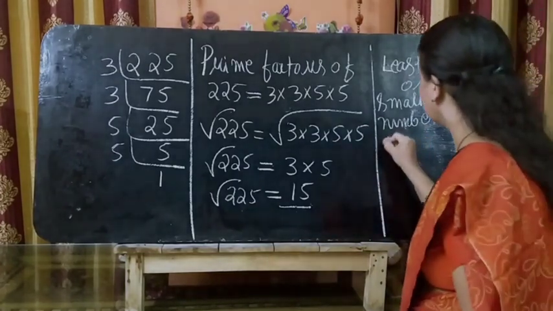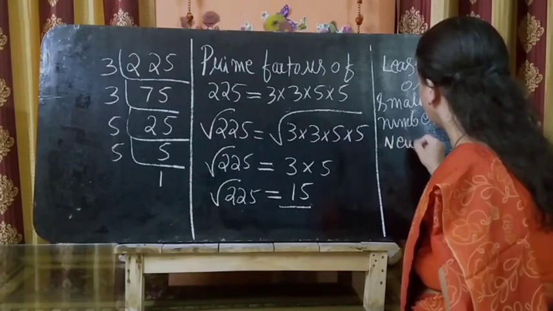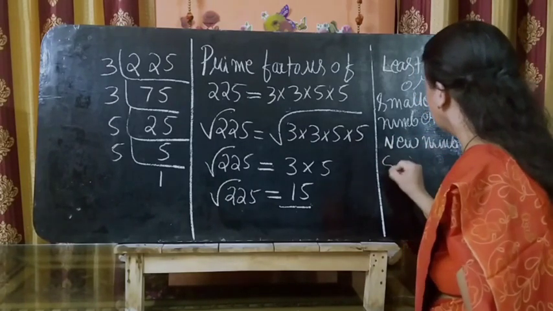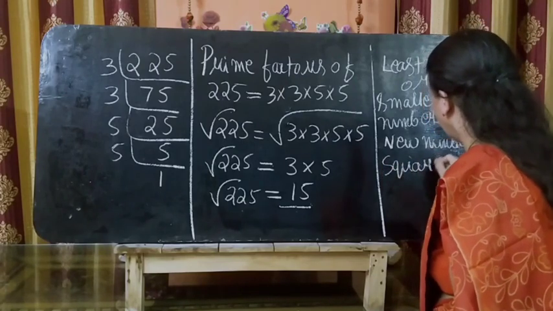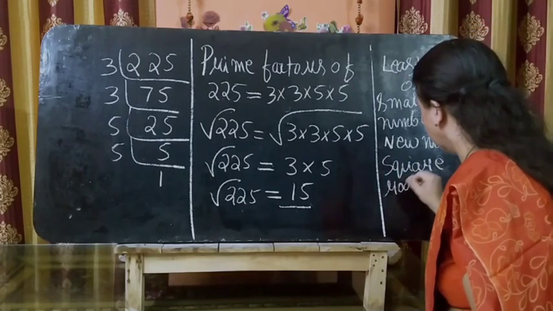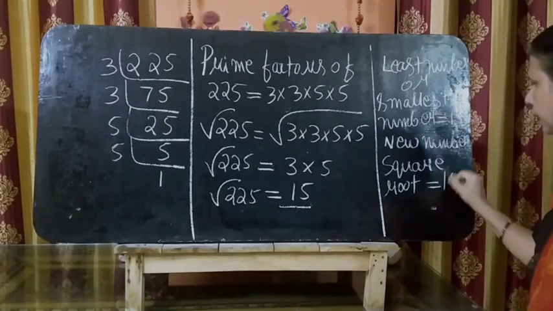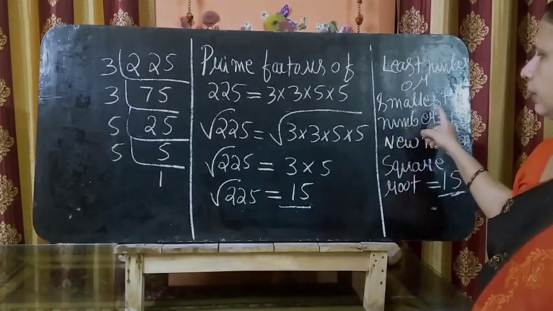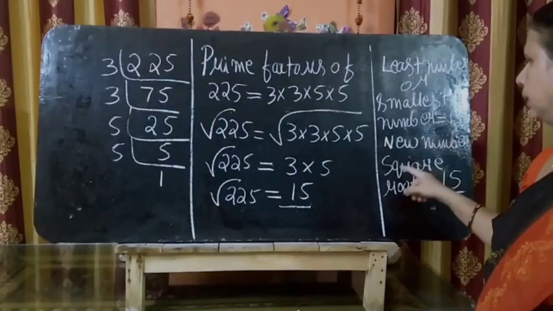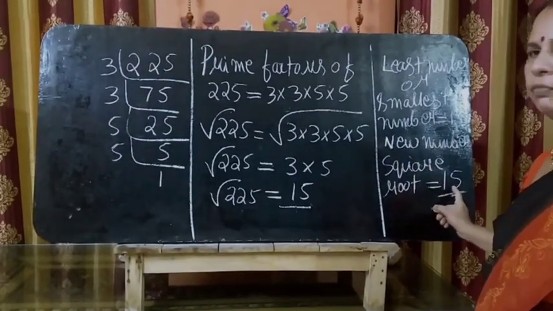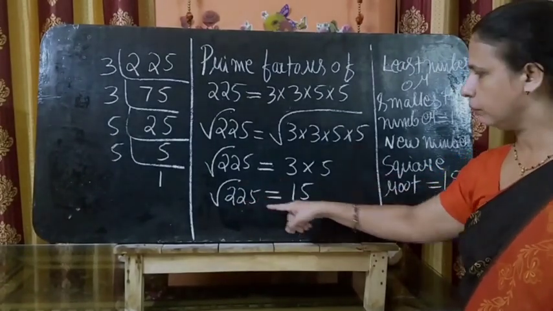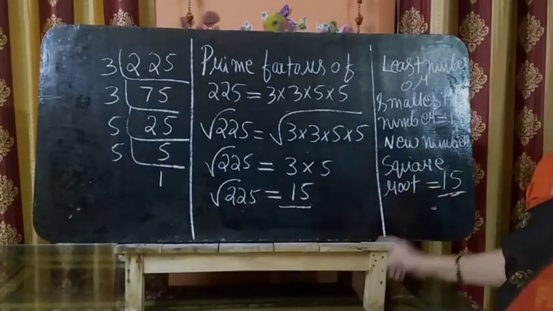Then the new number's square root is 15. We got here the least number or smallest number is 13. The new number's square root is 15. New number means here 225. Square root of 225 is 15. Copy down this.